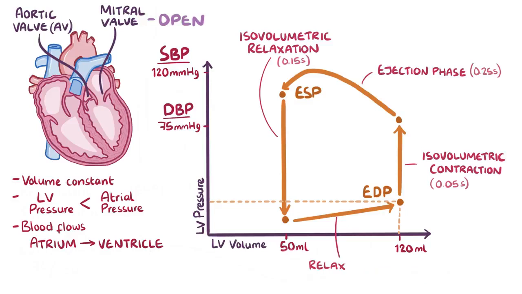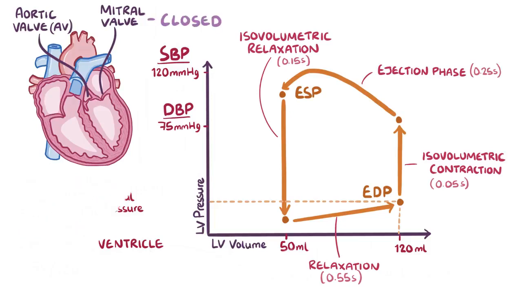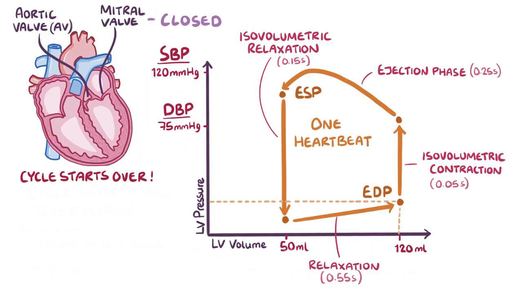Actually, this relaxation phase goes on for kind of a long time period compared to the previous phases, about 0.55 seconds, until there's no more pressure gradient between the two heart chambers, and the mitral valve closes, letting the cycle start all over again.